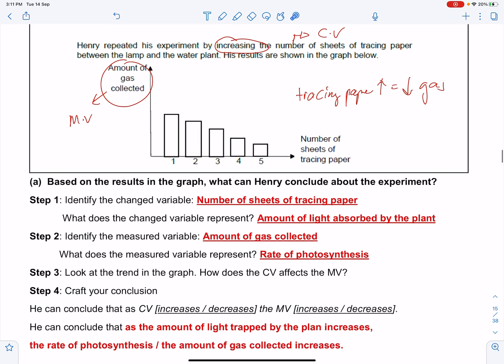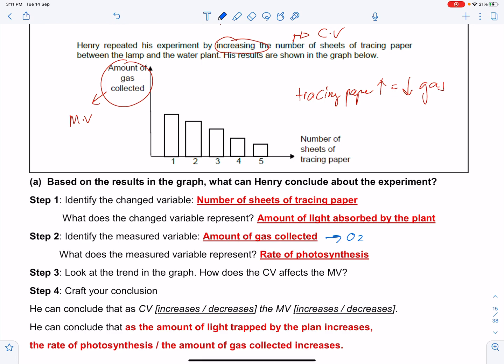Alright? Now, you also need to talk about what does your measured variable represent. Sometimes it's not so straightforward, okay? Because it's a conclusion, right? You need to ask yourself, amount of gas collected, like what I told you, represents your oxygen.